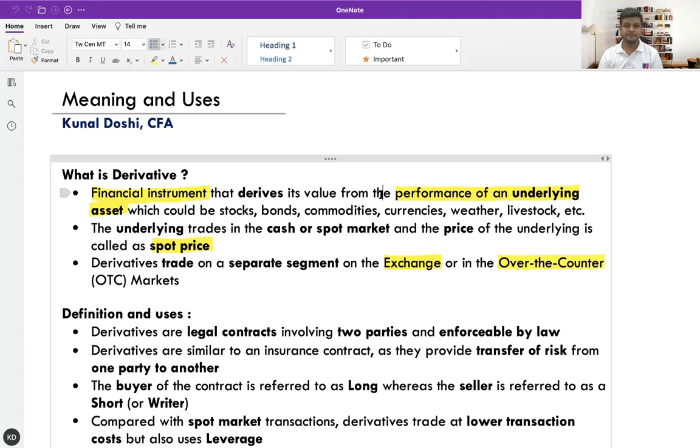Is that clear? For example, real estate. Do you buy and sell real estate on some exchange? No. Do you buy gold when you want to wear it or make jewelry from the exchange? No, you go to the local gold shopkeeper where you buy the gold.